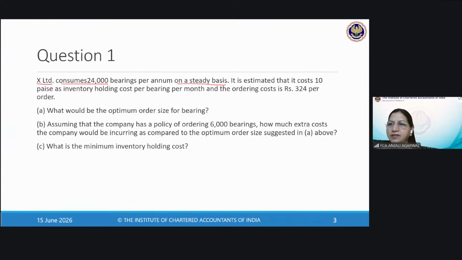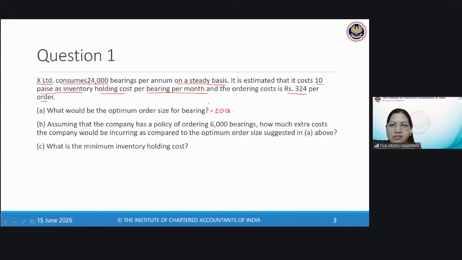It is estimated that it will cost 10 paisa as inventory holding cost per bearing per month. And the ordering cost is rupees 324 per order. So the first question is, what should be the optimum order size? That's what EOQ will answer.